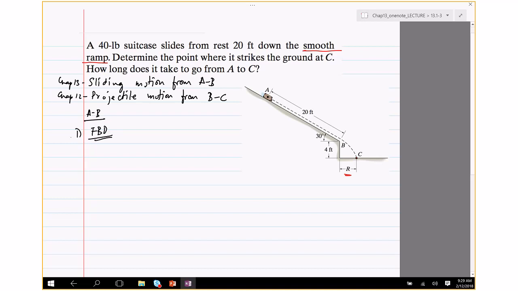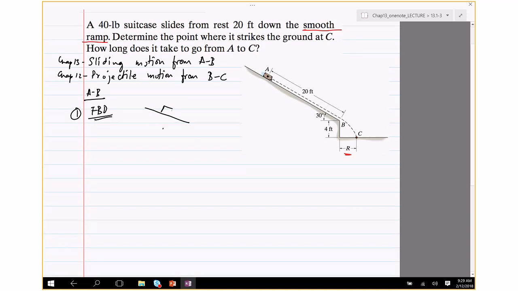Okay, first step is draw free body diagram. So the free body diagram for this box is going to be this. I'm going to call this X prime and Y prime.